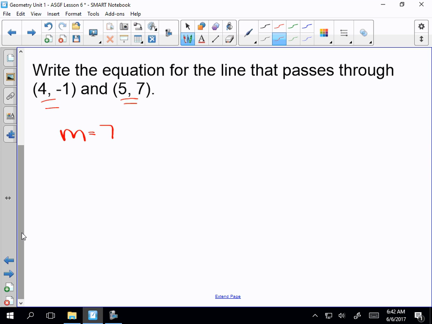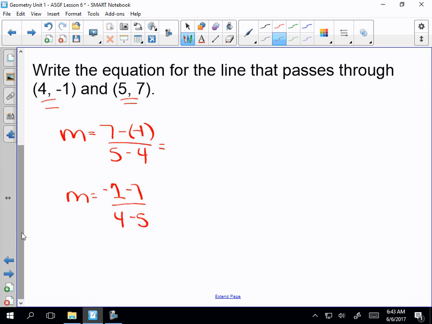So I can go 7 minus a -1 over 5 minus 4, and if I wanted, I would get the exact same slope if I wanted to work in the other direction. -1 minus 7 over 4 minus 5. Okay, so you always have that option of what you want to pick.